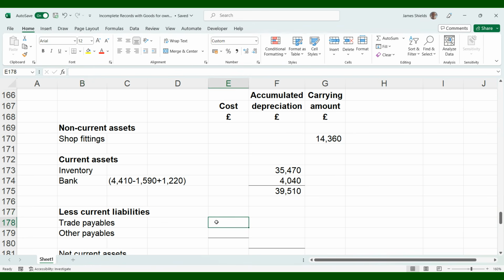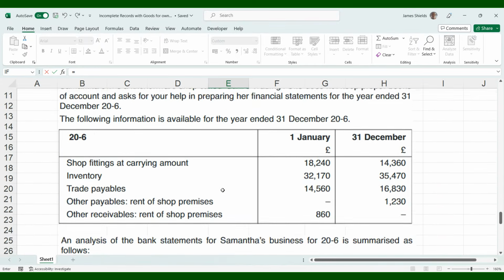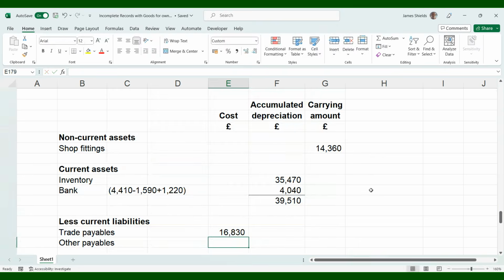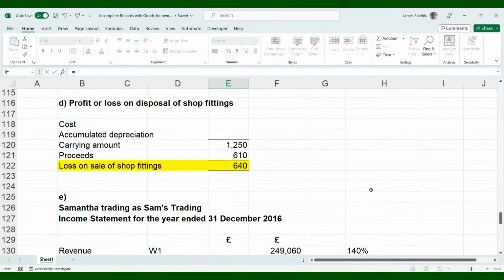Our trade payables, again, at the end of the year, we've got that in the information at the beginning of the question. So trade payables, the 31st of December I'm looking for. Here we have it, £16,830. Other payables, again, that's at the beginning of the question. That was to do with the rent.